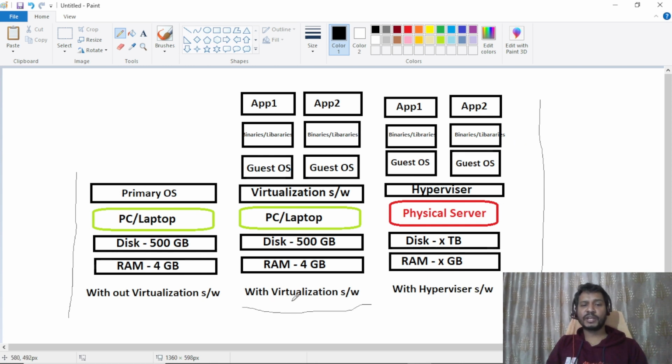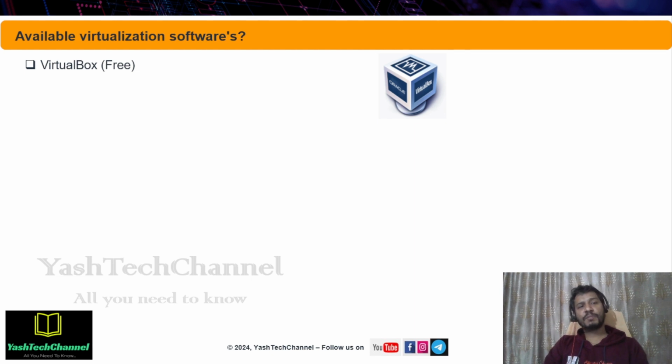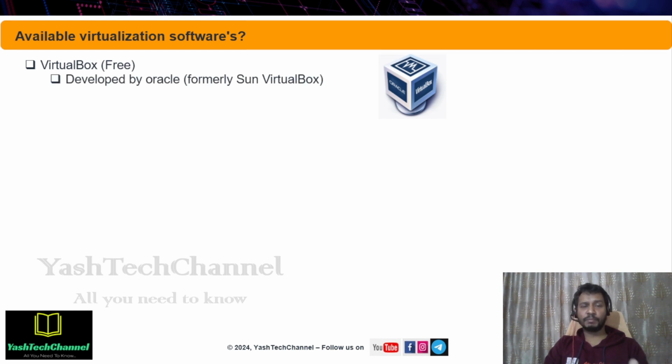Now you have some idea about virtualization software and hypervisors, and how you can use them. So let's go back to the software that is available in the market. First place is occupied by VirtualBox. VirtualBox is free software that is sponsored or provided by Oracle. Formerly it was by Sun Microsystems, known as Sun VirtualBox, and then it was developed by the Oracle company.